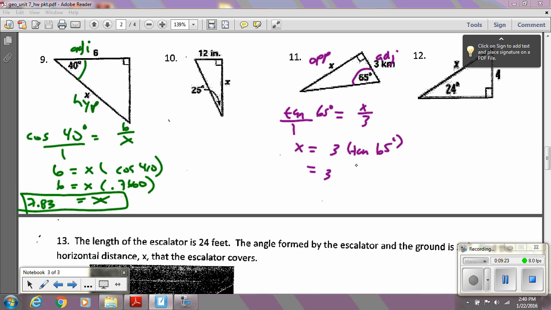So that would be 3 times tan of 65, which is 2.1445. And multiply those together with the 3, and you're going to get about 6.43.